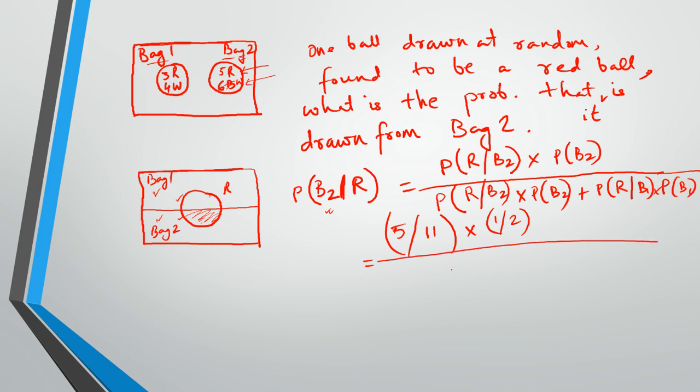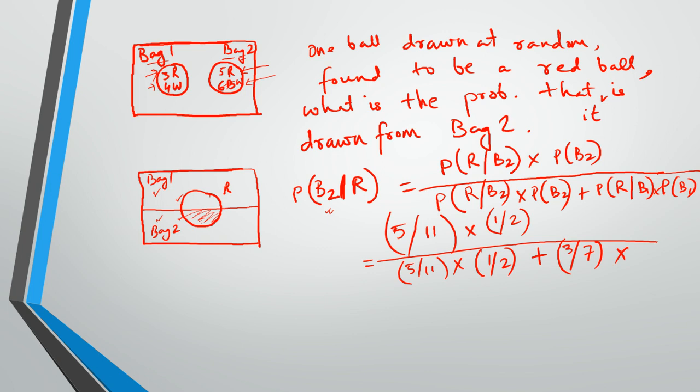Divided by the probability of R given bag 2, similarly 5 divided by 11 times the probability it's bag 2, that is a half, plus the probability of R given bag 1. What is the probability that it is a red ball given bag 1? There are three red balls out of 7 balls in this bag, so we write 3 divided by 7.